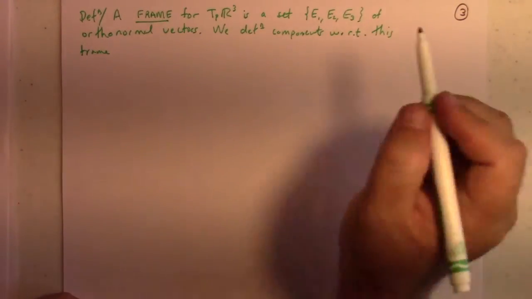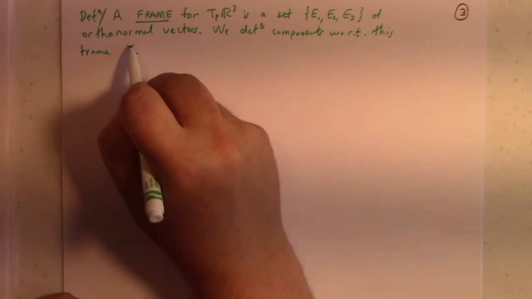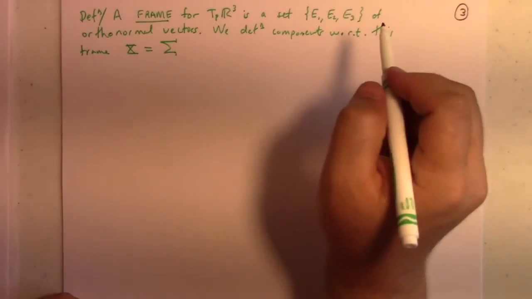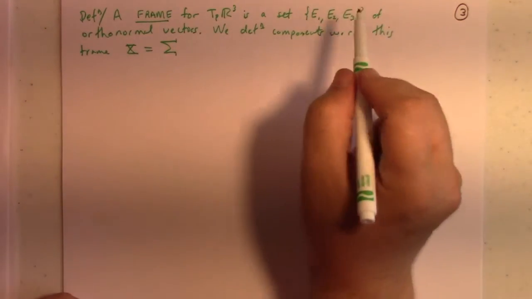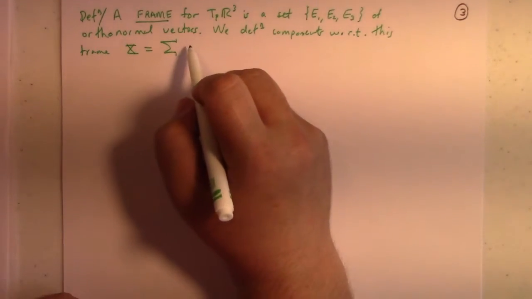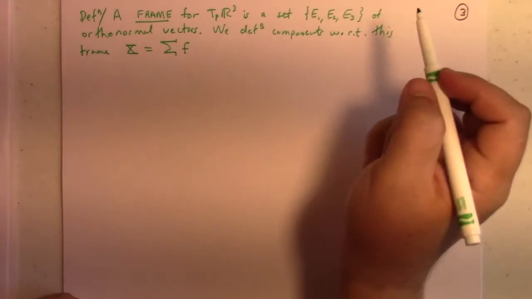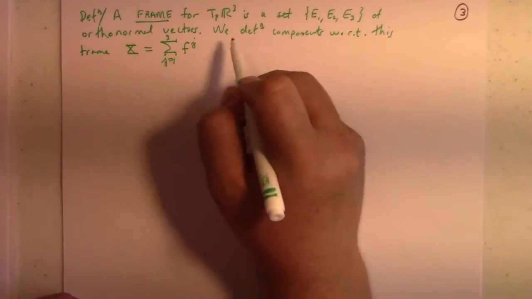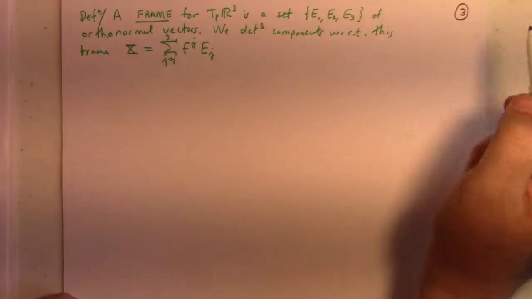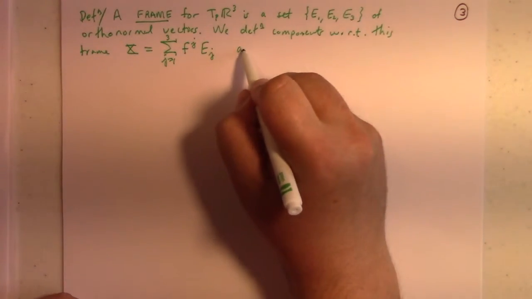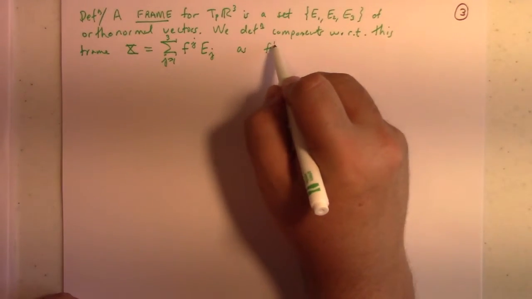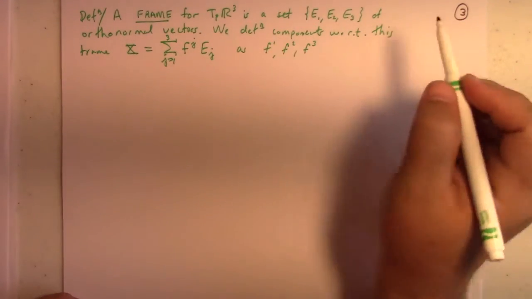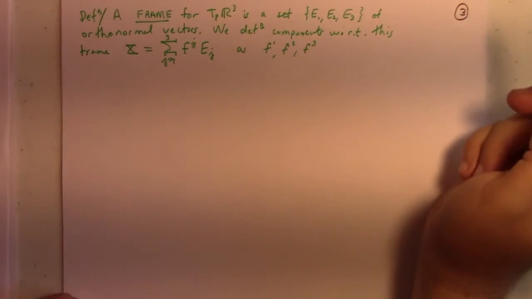I don't really have a standard notation for that, but if you have X, you can write X as equal to a sum of F upper J, J equals 1, 2, 3, of E sub J. F1, F2, F3 are the components with respect to the frame. Those don't have to be the same as the Cartesian coordinates.